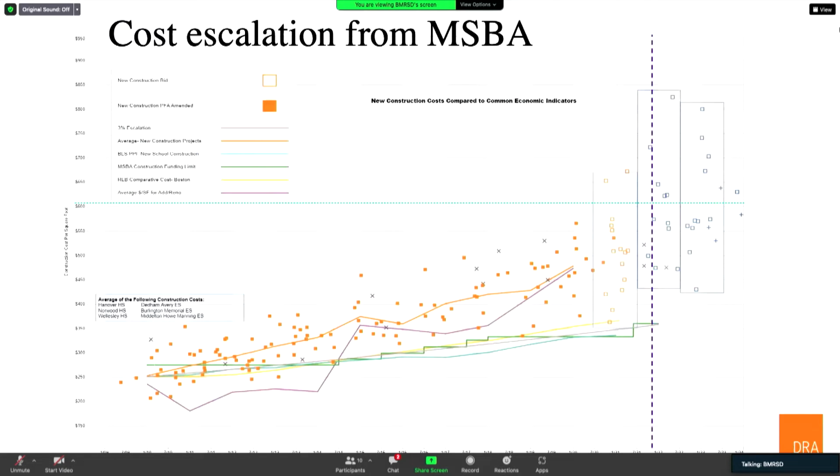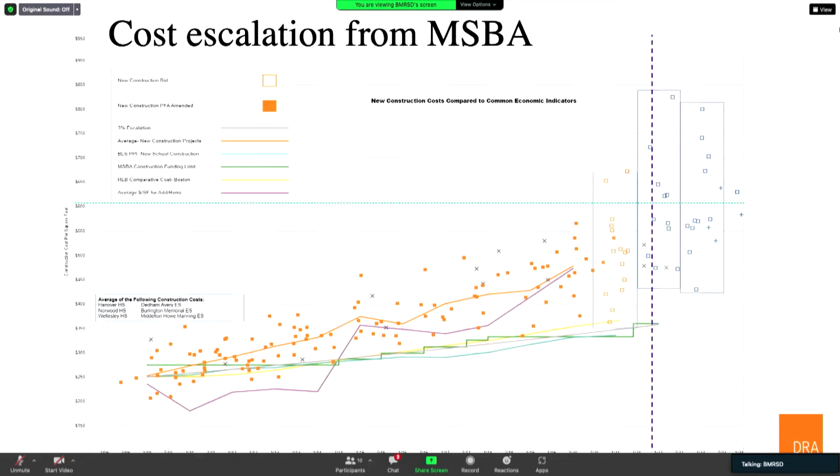And then, of course, what's it all going to cost? What's going to be projected to cost? So this graph is right from the MSBA website, and all the little orange dots and squares are buildings that have been built, and the project funding agreements were approved, the buildings were built, and you can see the escalation.